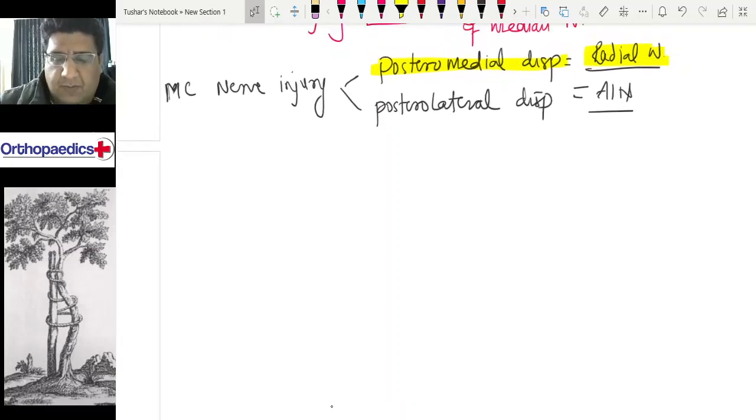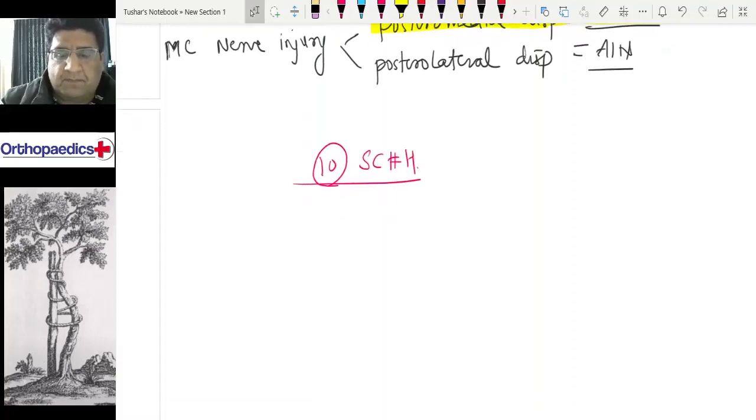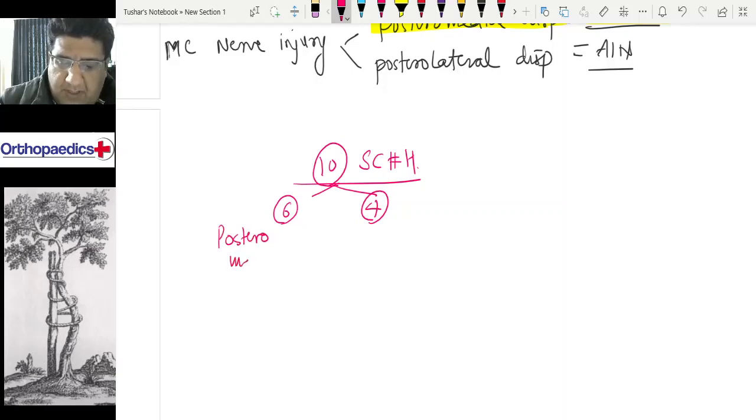Let us assume that 10 patients are there of supracondylar fracture humerus. Although I'm giving you a statistical answer, it is a fact-based answer. 6 have posteromedial displacement, 4 have posterolateral displacement.